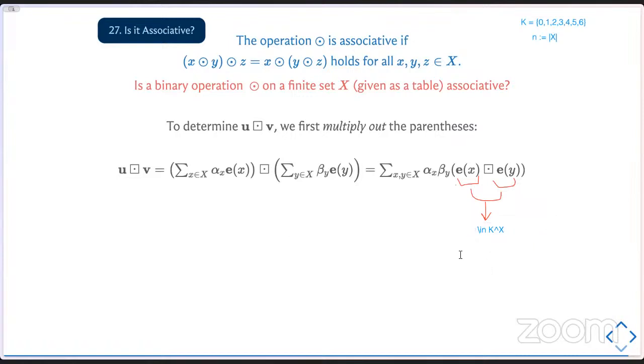But at the same time, I want to use, let's say Z is X times Y, where this times is the circle operation. That's the operation given to us on X. So what's one way that we have seen of associating elements of X with elements of K to the X? We've seen one map that takes elements of X to elements of K to the X.